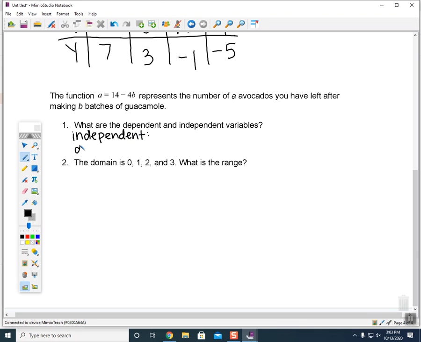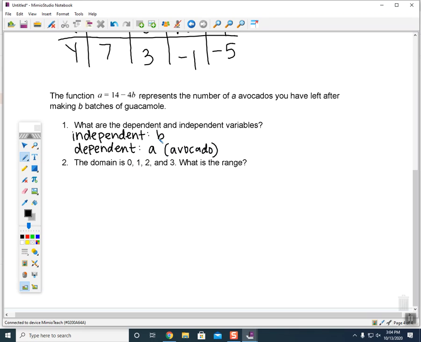If you think about this, do the batches of guacamole that I have made depend on how many avocados I have left? Or does how many avocados I have left depend on how many batches I have made? The amount of avocados I have left depends on how many batches of guacamole I have made.